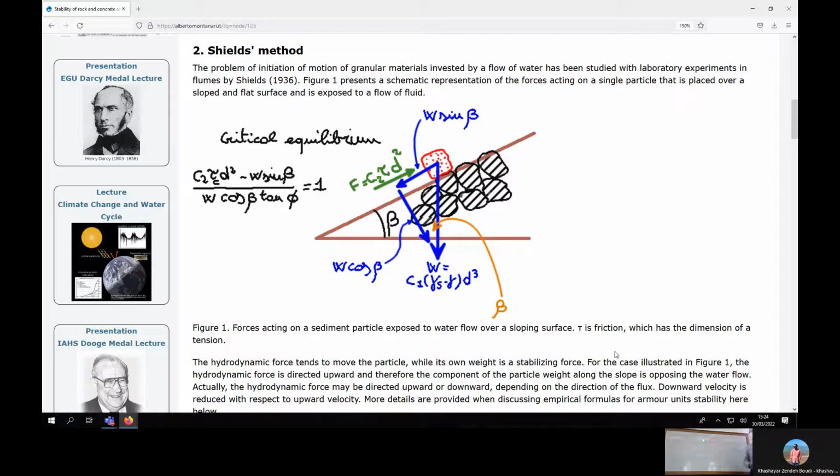The forcing is directed upwards when there is the run up and downward when there is the run down. Actually, we consider here the case in the figure where the forcing is directed upward. It doesn't change much, as you will see. It's just a minus sign that is converted to a plus.